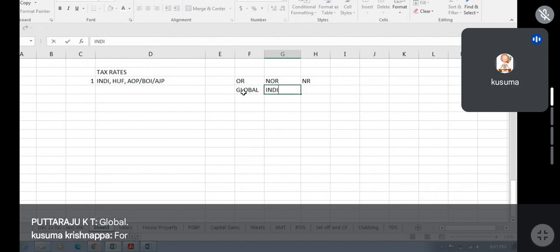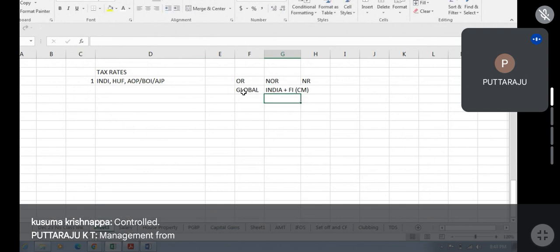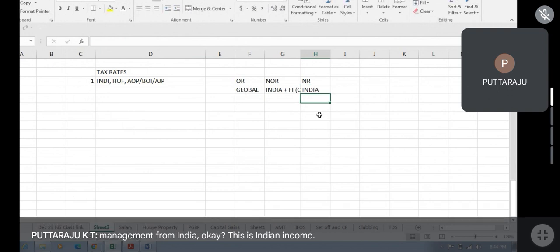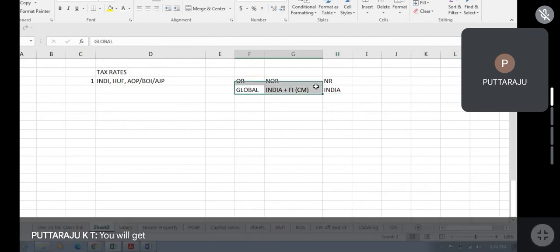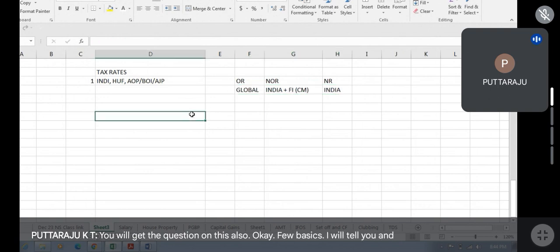For NOR, it is India income plus foreign income controlled and managed from India. For NR, it is Indian income. You will get the question on this also. A few basics I will tell you, and I will solve one or two problems also.